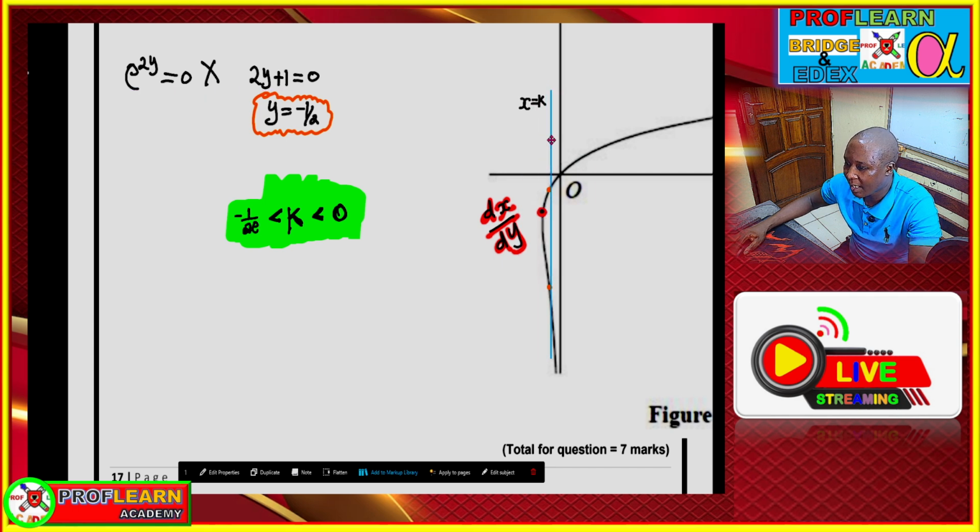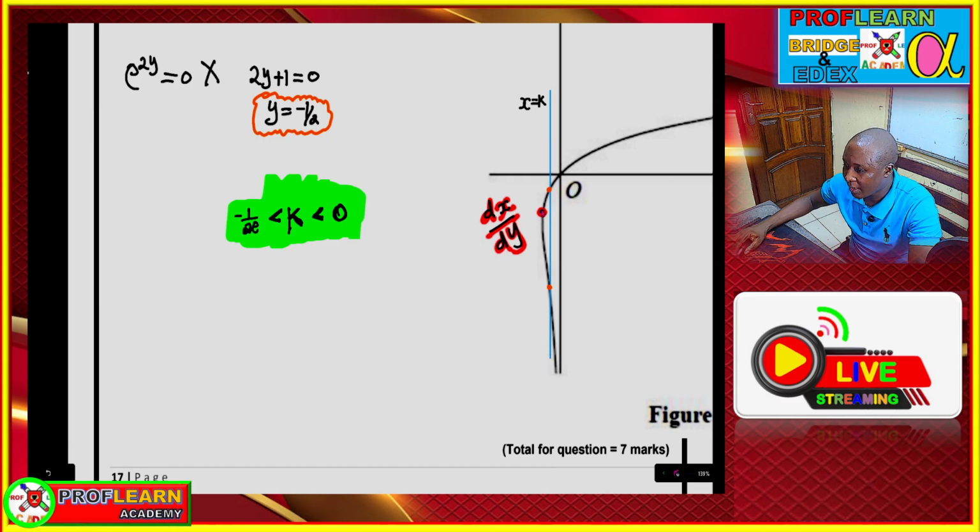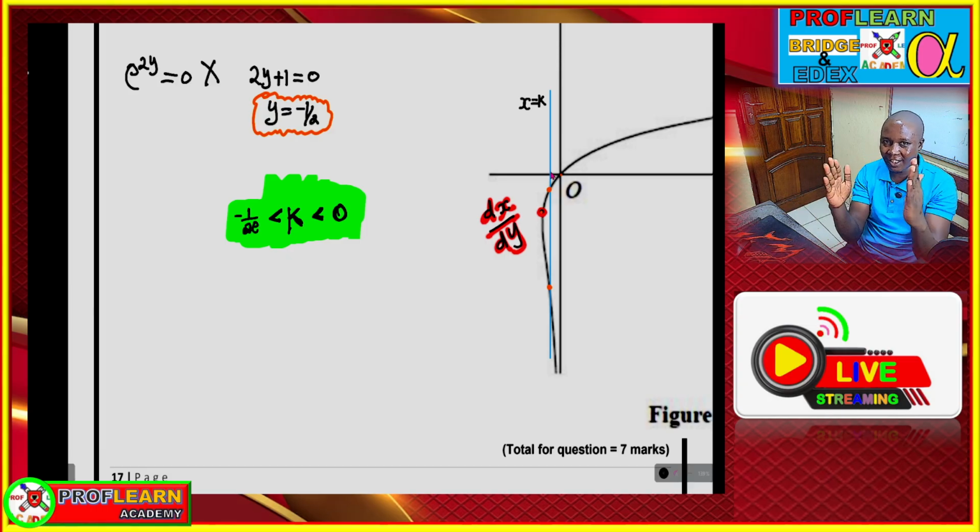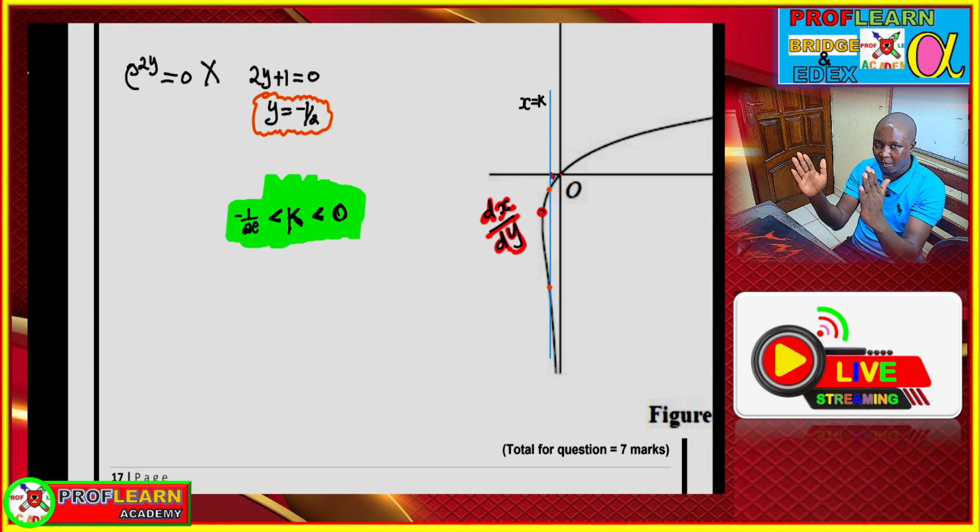So the line should cut the graph somewhere there. You can see that this graph has a turning point at this point. So if you know the turning point, then our k should lie between the value of the turning point. K can lie anywhere there.